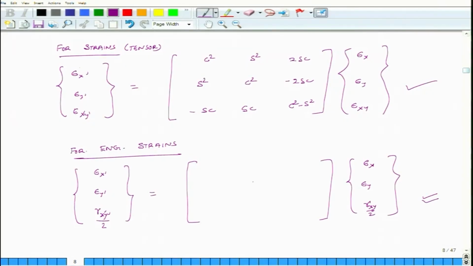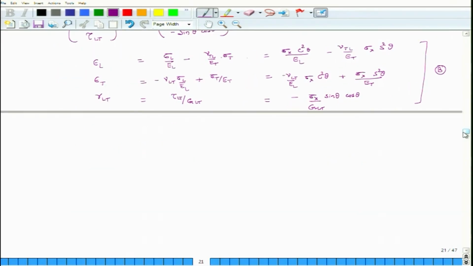If we put the value of theta as minus theta in this matrix, then I can write 3 more equations. So we are going from the LT coordinate system to the xy coordinate system.